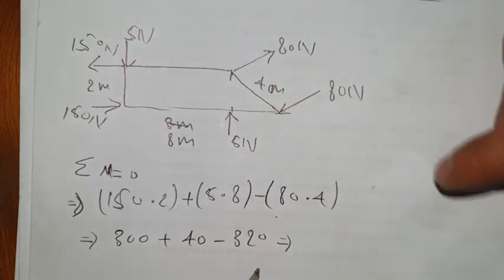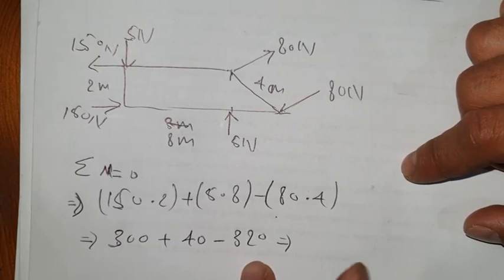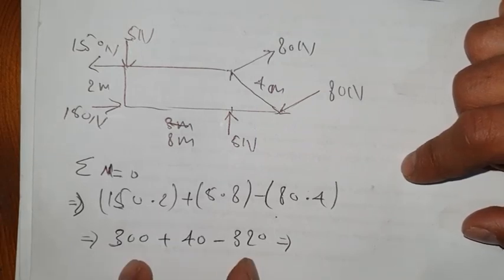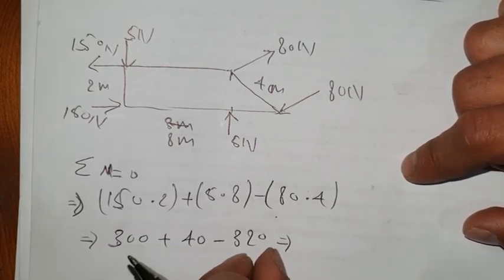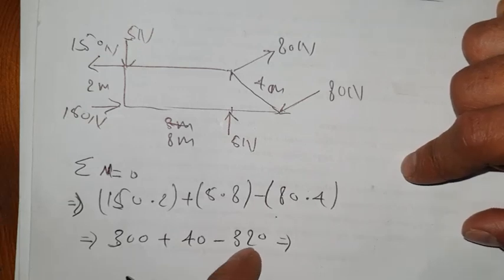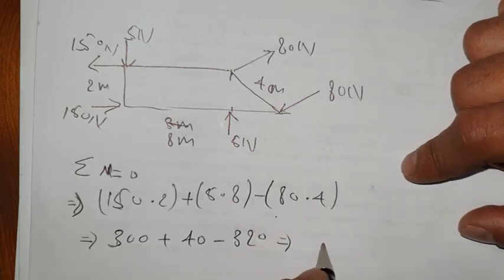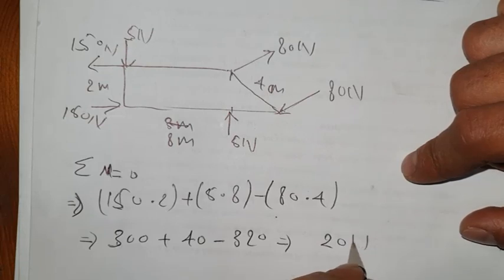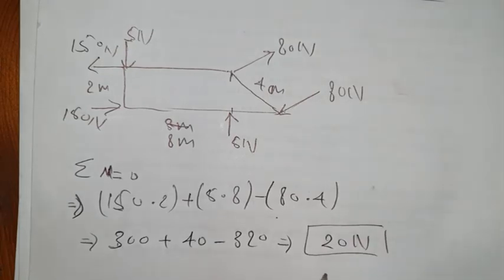So now we'll simplify that. We have 320 minus 300, which gives 20. Then we add the 40 and get, finally, 20 newtons. This is the final answer.